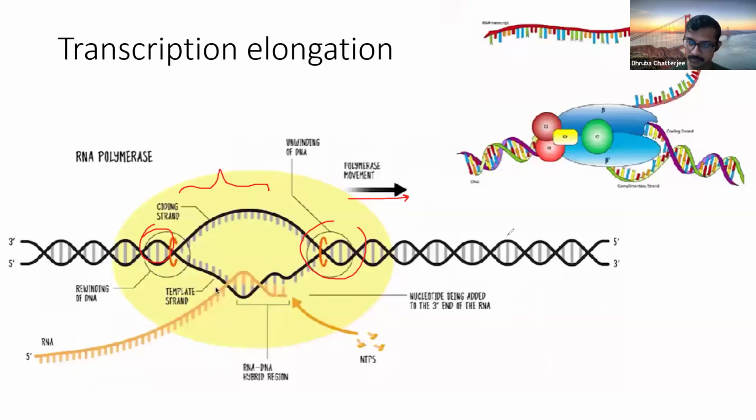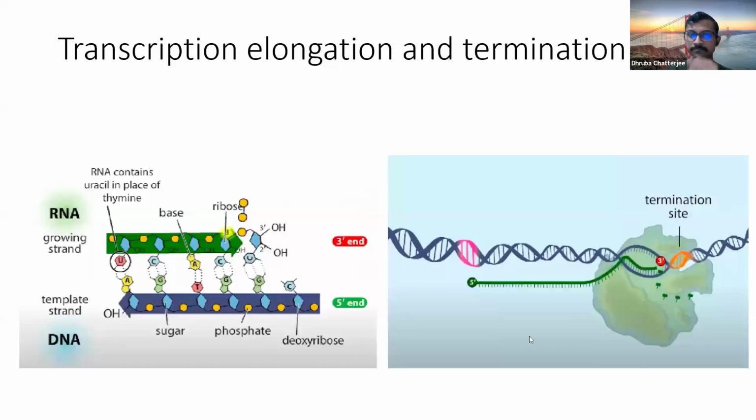This extension continues, but not infinitely. It will continue, and the transcript will keep coming out of this RNA polymerase-DNA complex from one exit site. This will continue only till the RNA polymerase reaches one particular sequence of the DNA, which is the transcription termination sequence, right?